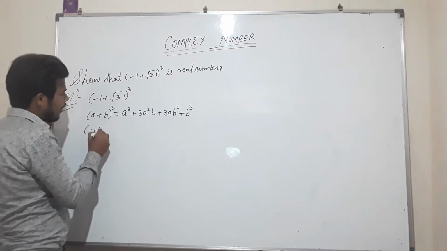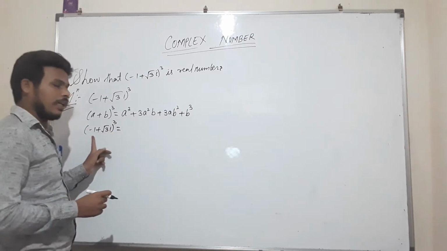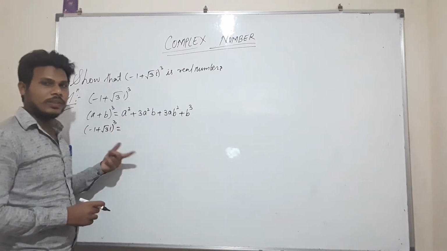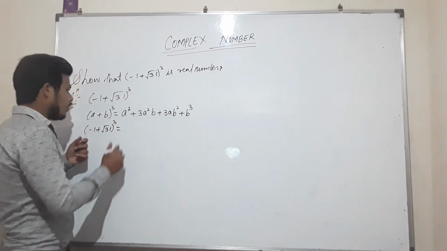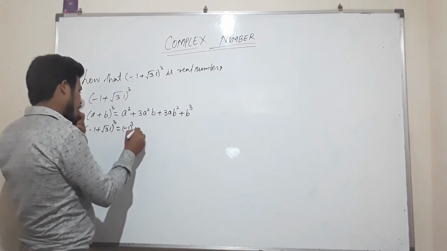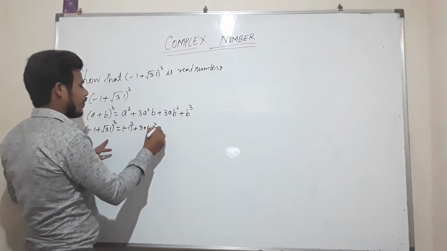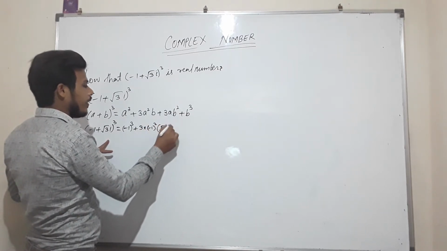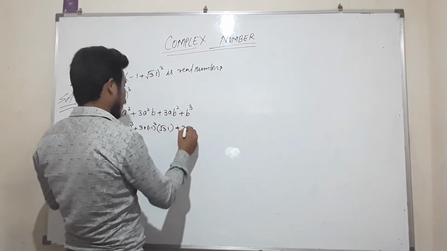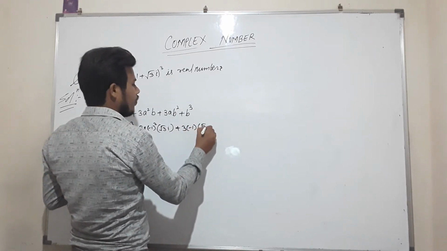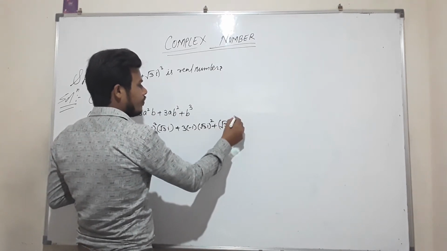So (-1 + √3 i) cube is equal to: in place of a we will substitute -1, and in place of b, √3 i. And here the i is not inside the square root, keep this in mind. So (-1) cube plus 3 into (-1) square into √3 i, that is 3a square b, plus 3ab square, 3a into (√3 i) square, plus (√3 i) cube.